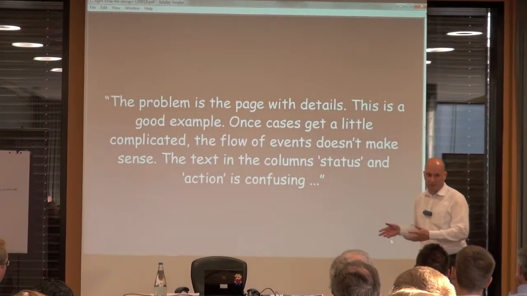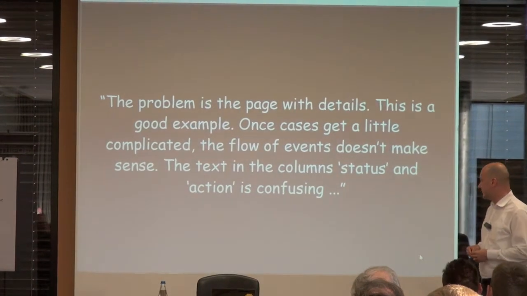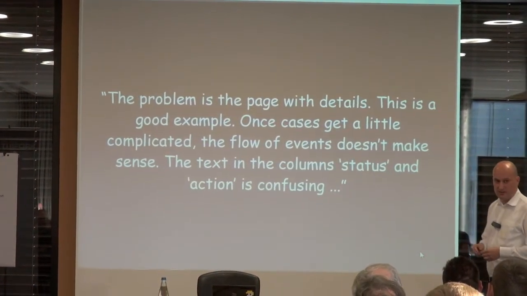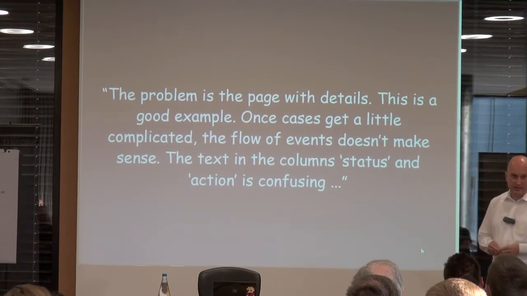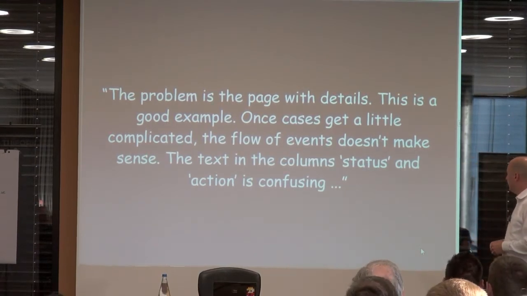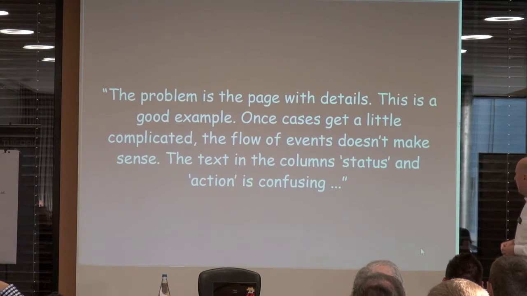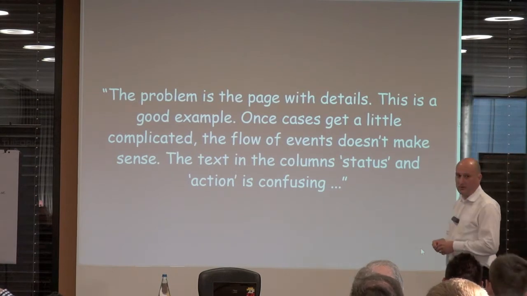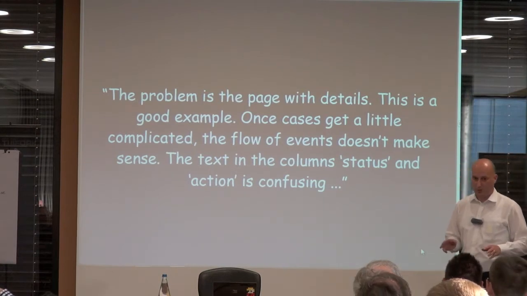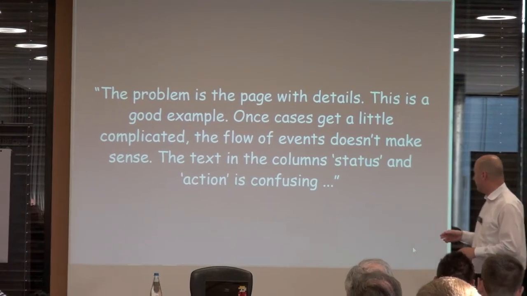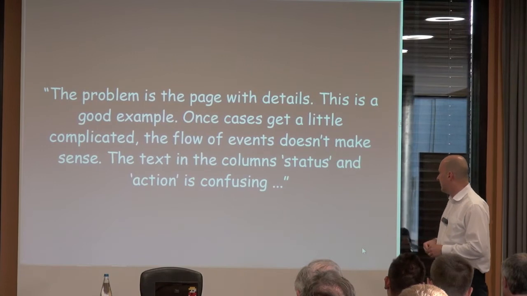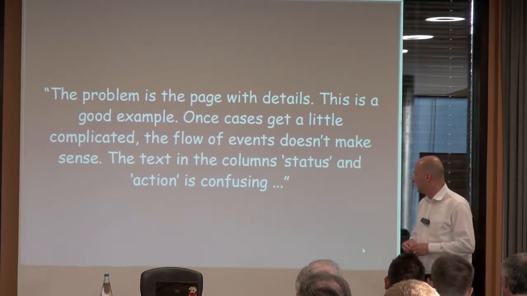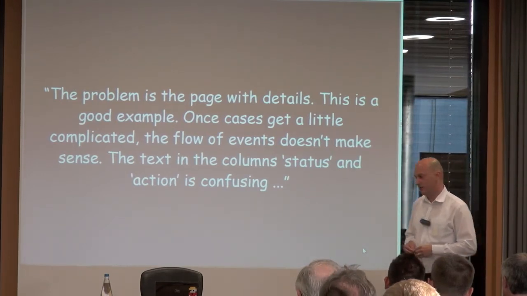He summed up the problems with this feature as far as he became aware of it. The problem is the page with details. This is a good example. The easy cases are not the problem, but once cases get a little complicated, the flow of events doesn't make sense. The text in the column status and action is confusing.